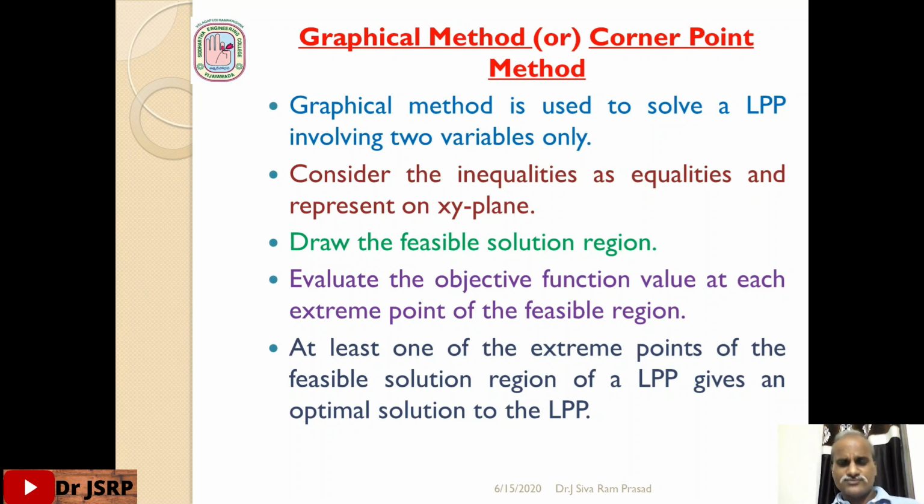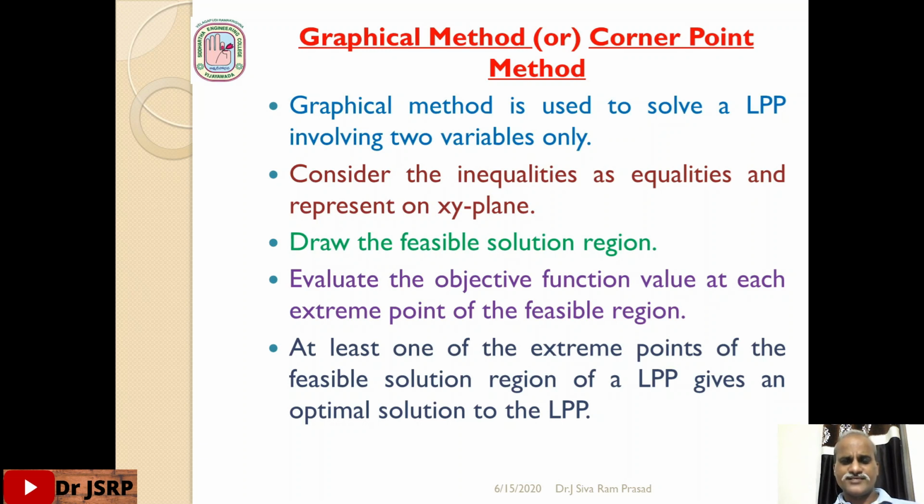The smallest value gives the minimum value in the case of a minimization problem, which gives the optimal solution. At least one of the extreme points of the feasible solution region of an LPP gives an optimal solution in the graphical method.